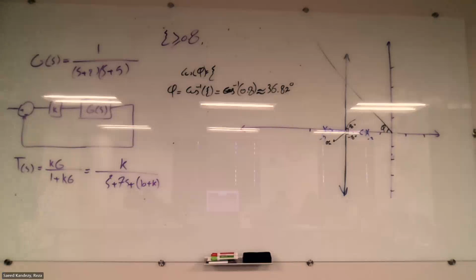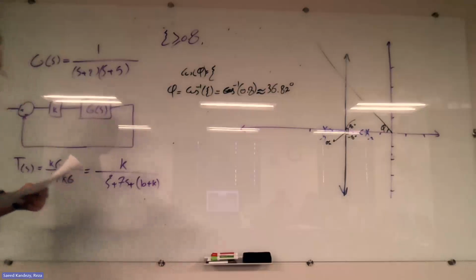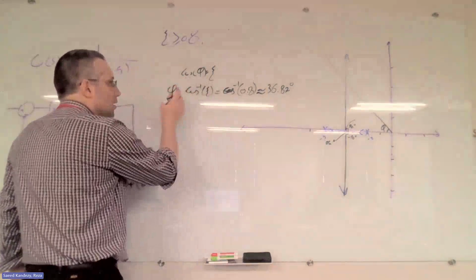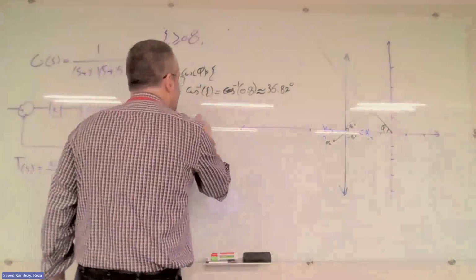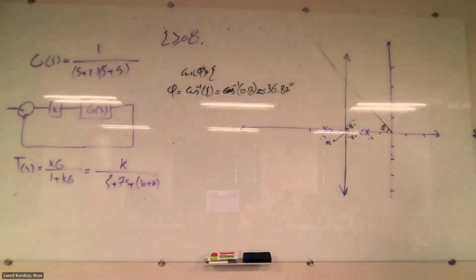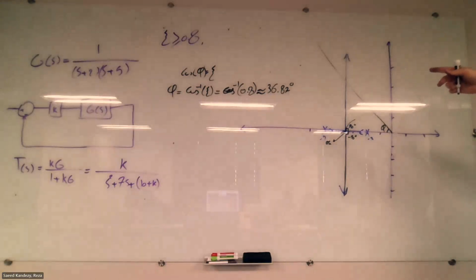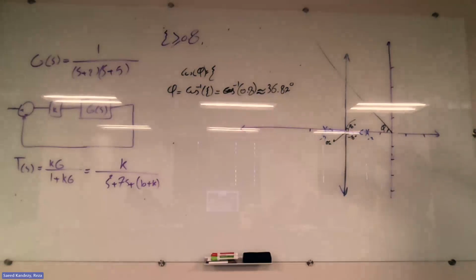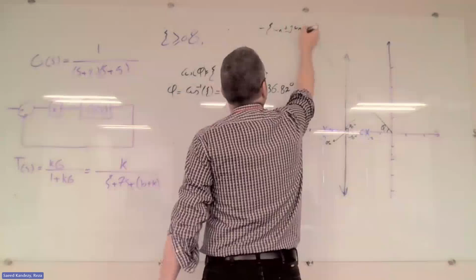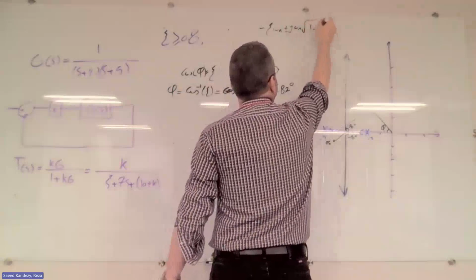Are we good? Now, we know from the previous discussion about second order and third order systems that the imaginary part and the real part of the intersection point with that line could be found based on the fact that the poles are going to be minus psi omega n plus or minus j omega n times the square root of 1 minus psi squared.